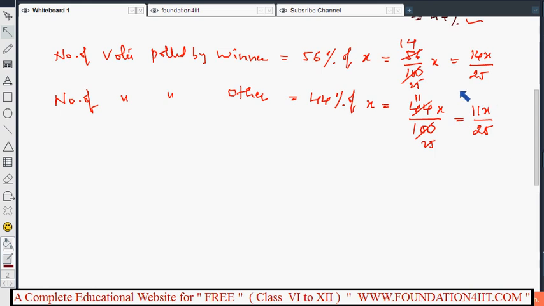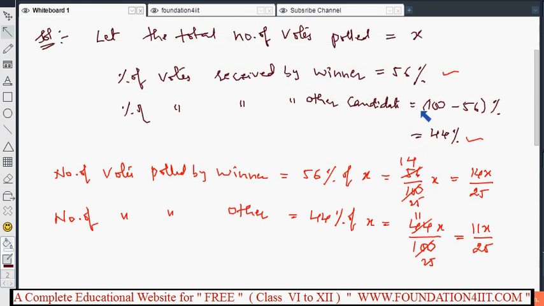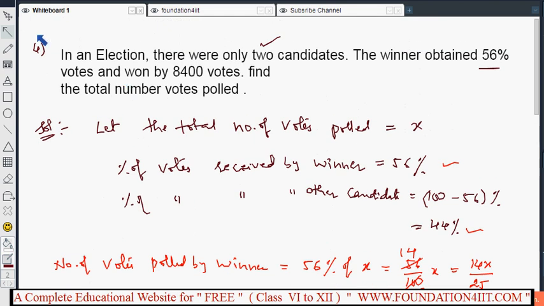Now according to the condition, the winner won by 8,400. That means the difference between the votes is 8,400. This is the difference between the winner and loser, 8,400.